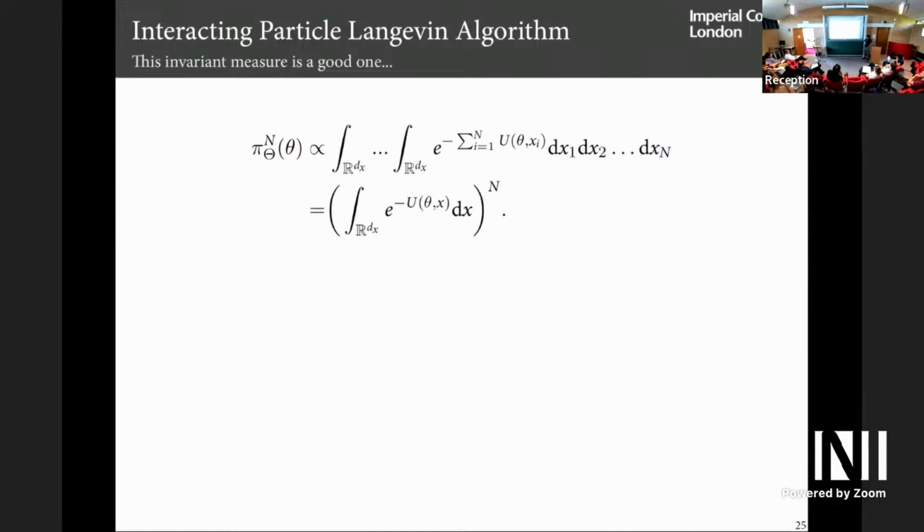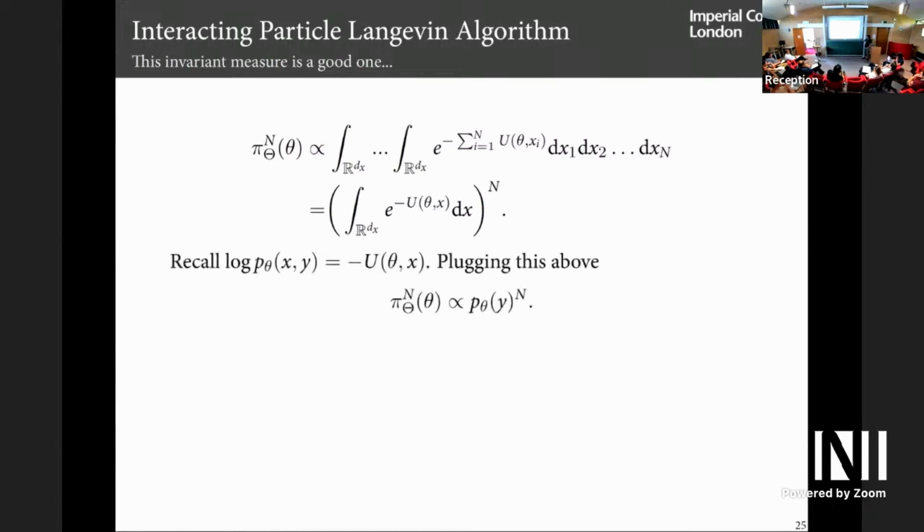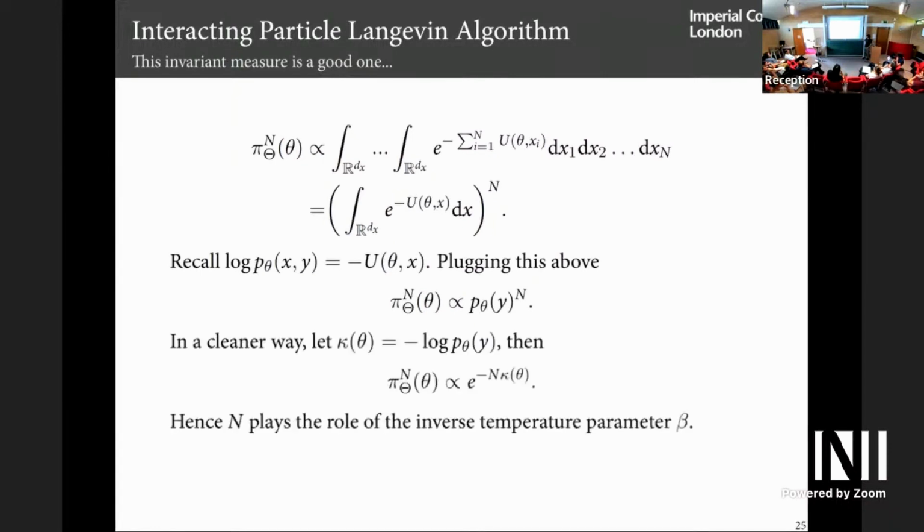Remember, I showed you that the integral of exponential minus U was p theta of y itself. So the theta marginal of this distribution is proportional to this. A better way to write it: I'm trying to minimize this, because this is the marginal likelihood that I'm maximizing, so minus this I'm minimizing. I call this kappa.